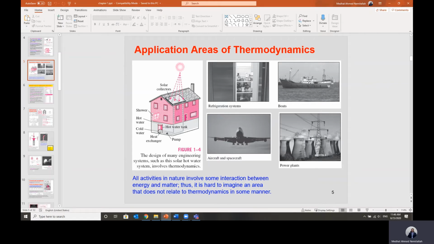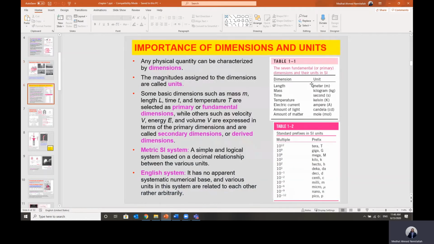So this is the refrigeration system, and it is rare to find any system in our life that does not belong to thermodynamics, and in this case we can apply the first and second law of thermodynamics. We'll get back again to the board.